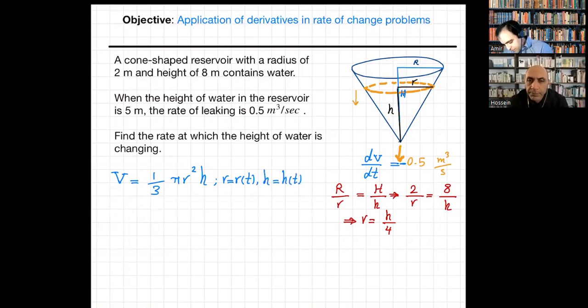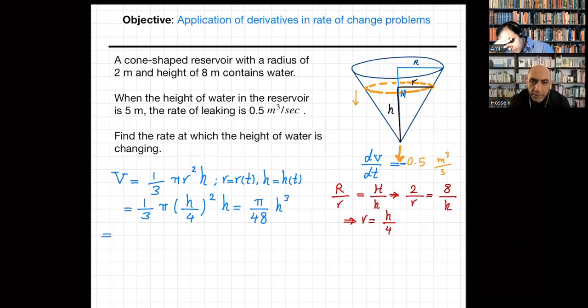So let me just first replace R in this equation with H. Therefore, it's going to be 1/3 of pi R, which is H over 4 squared, as we obtained here, times H, which is pi over 48, 16 times 3 in the denominator, times H cubed.